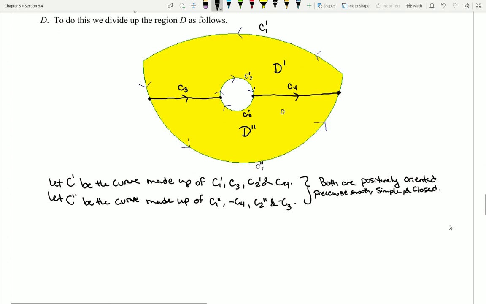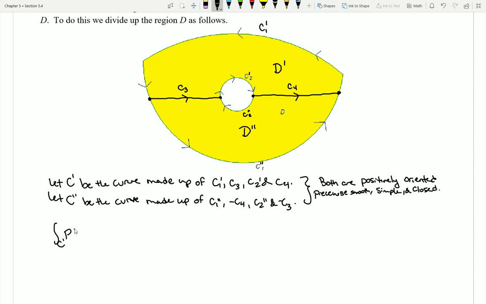So here's what I'm going to claim. Let's suppose I start by focusing on the line integral at the start, which was over C prime.